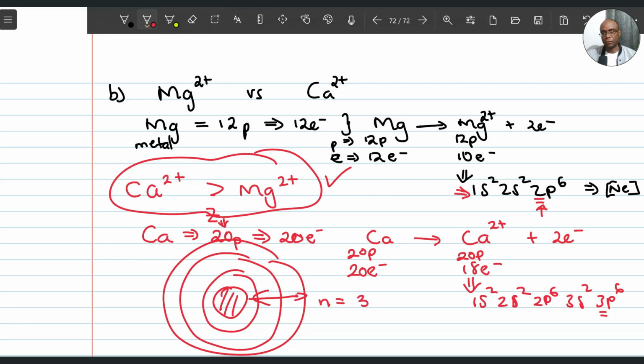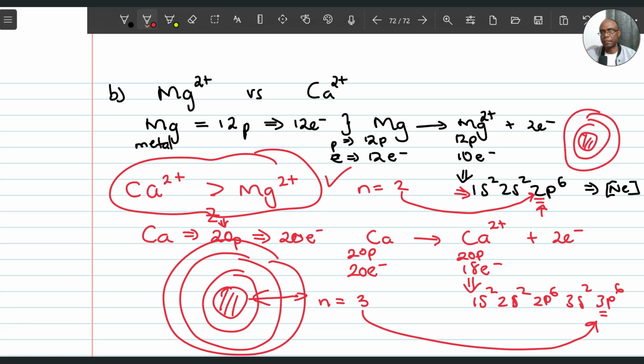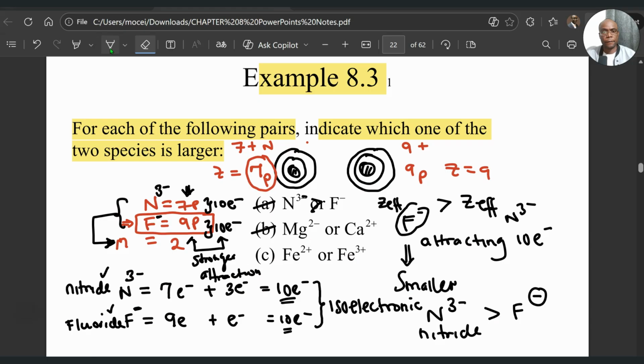This one has n equals 3, the Ca2+, but magnesium has n equals 2, the magnesium cation, Mg2+. The one with more circles will be evidently bigger because this magnesium here will only have 2 energy levels, it's smaller.